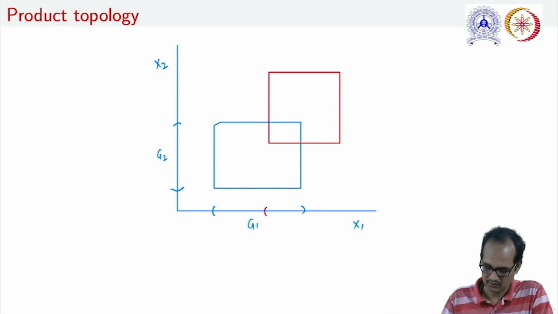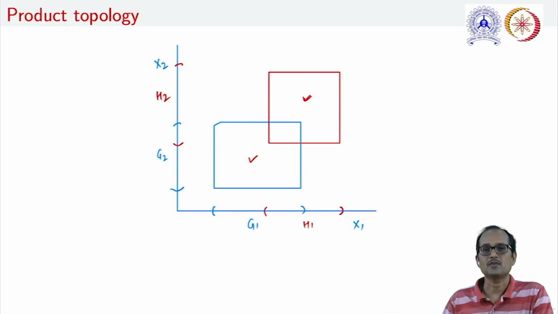So this is a subset H1 of X1 and this is a subset H2 of X2. From this diagram, it is clear that the union of G1 cross G2 and H1 cross H2 may not be expressed in the form of some G cross H, that is, the Cartesian product of two sets G and H, where G is from topology tau 1 and H is from topology tau 2.